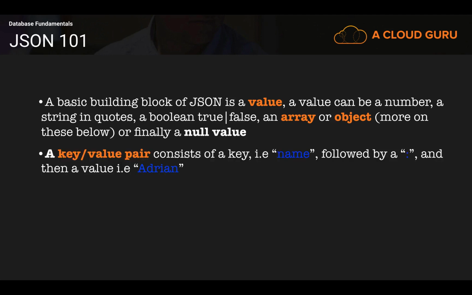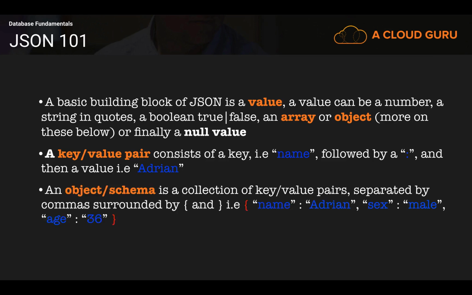So a key value pair, also known as a name value pair in JSON, consists of a key, i.e. name, followed by a colon, and then a value, i.e. Adrian. A JSON object, also known as a JSON schema, is a collection of key value pairs separated by commas and generally surrounded by curly braces.